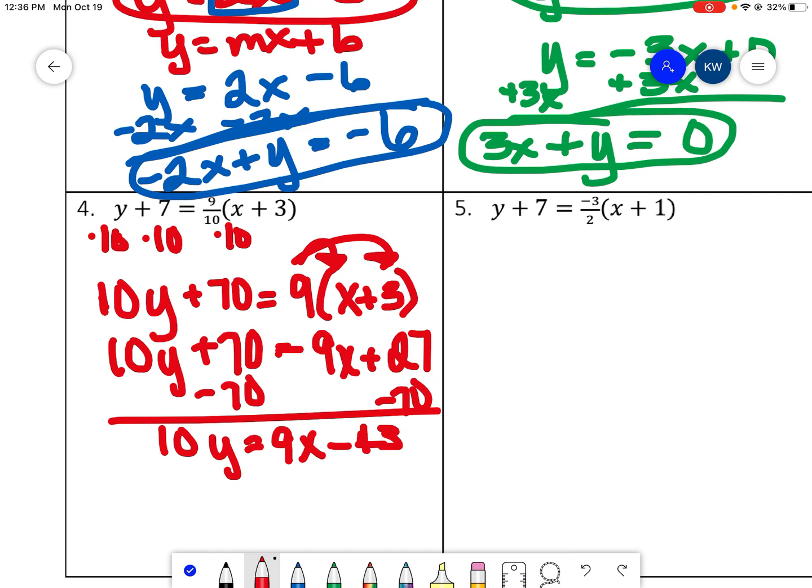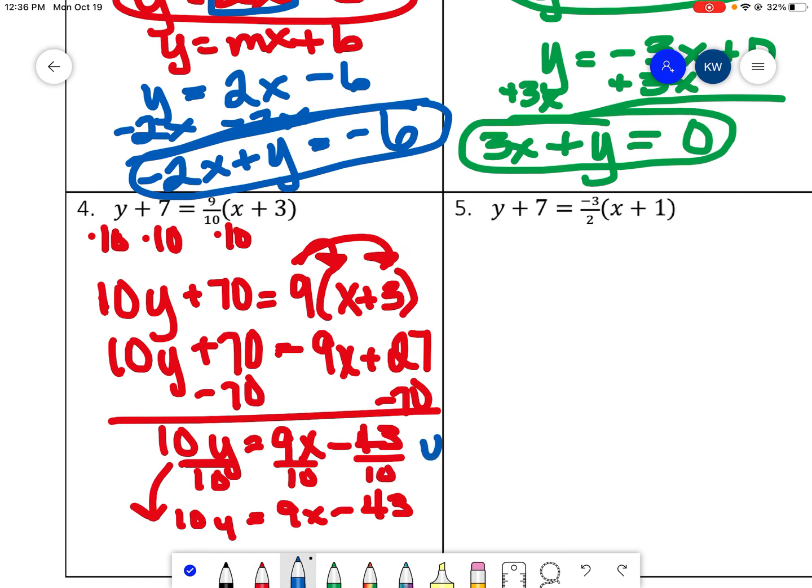Now, you can't leave it like this for slope-intercept form because there's still the 10 up front. But we are going to recopy this for our standard form. To put it into slope-intercept form, we still need to divide everything by 10.